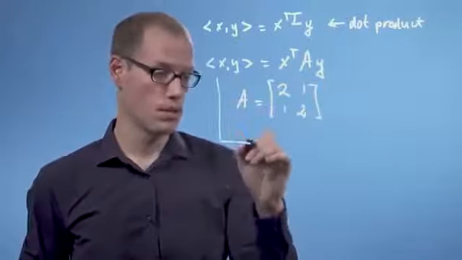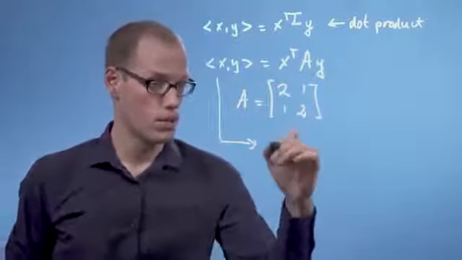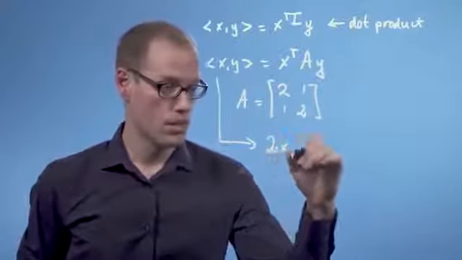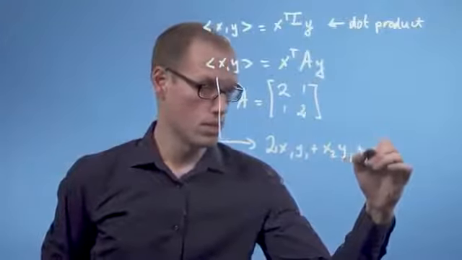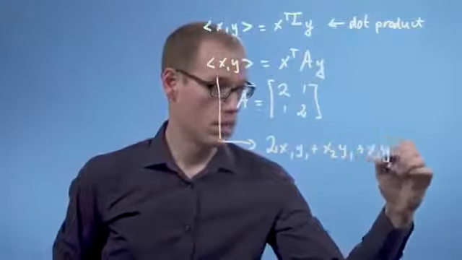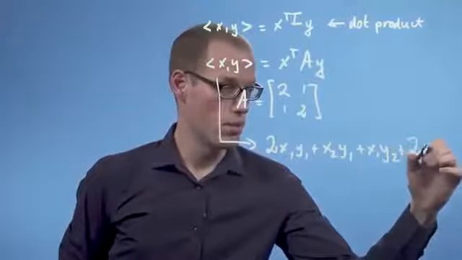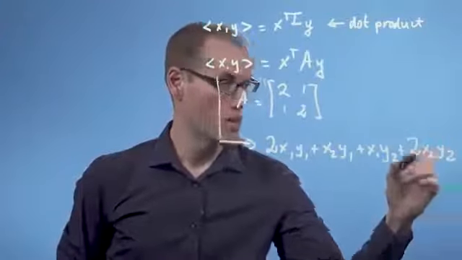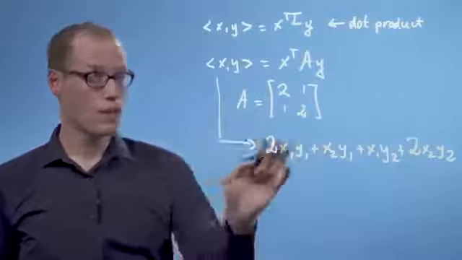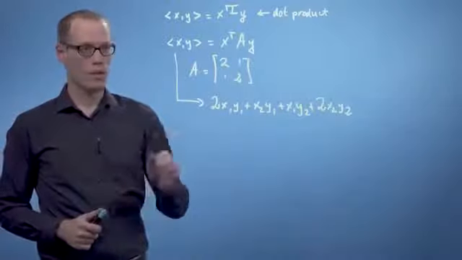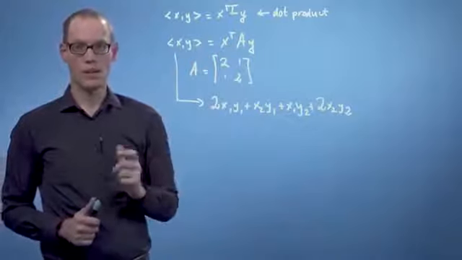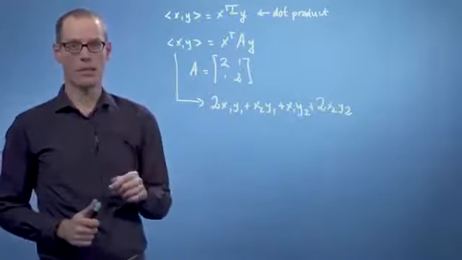Then we can also write our inner product to be 2 times x1 y1 plus x2 y1 plus x1 y2 plus 2 times x2 y2, and this inner product is different from the dot product. Any symmetric positive definite matrix in this equation defines a valid inner product.